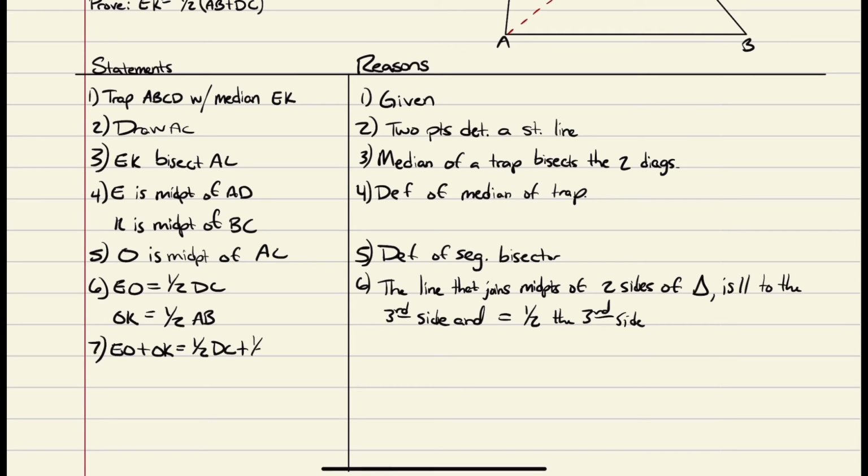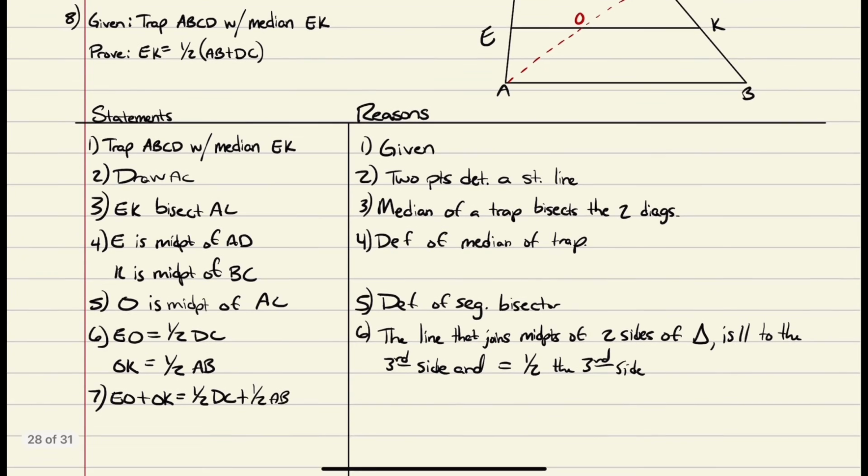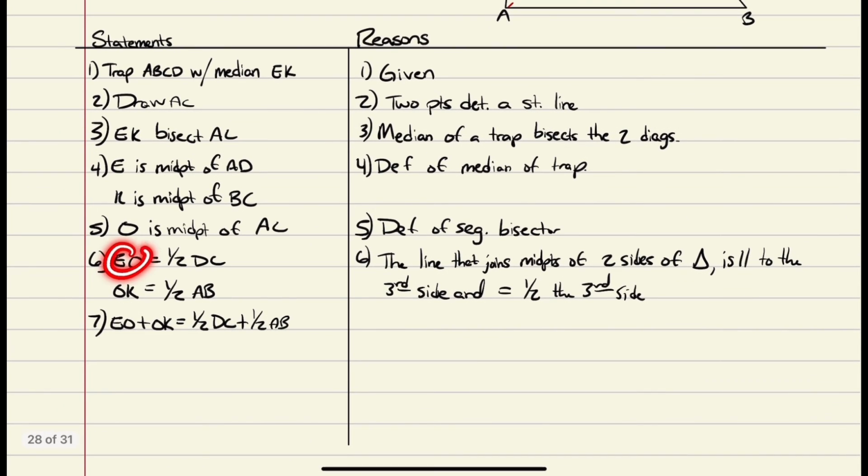I just stated that EO plus OK is equal to 1/2 of DC and 1/2 of AB. Why can I say that? Substitution. I said that EO is 1/2 of DC, OK is 1/2 of AB, so really all I did was added equal quantities to equal quantities.